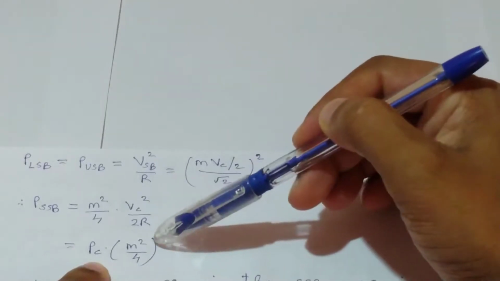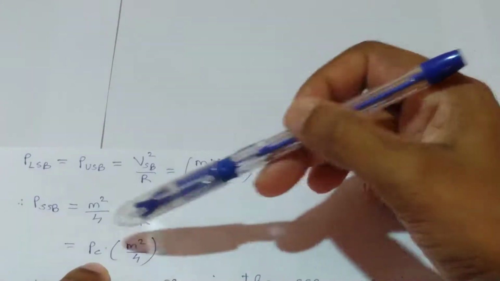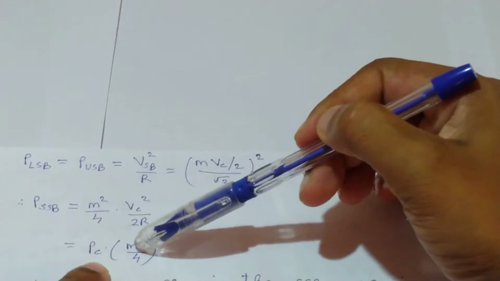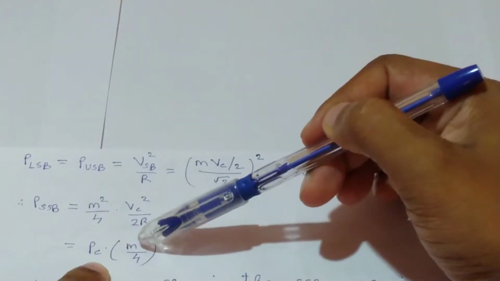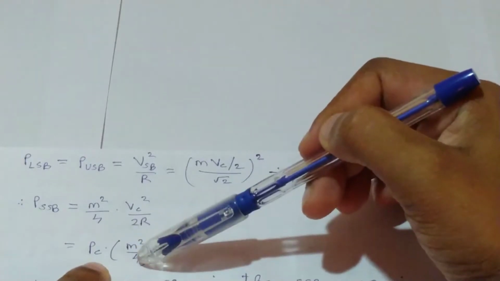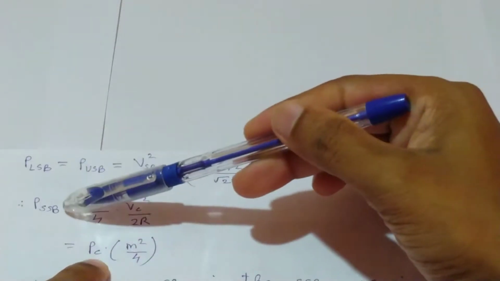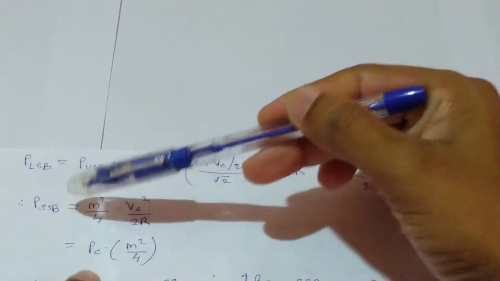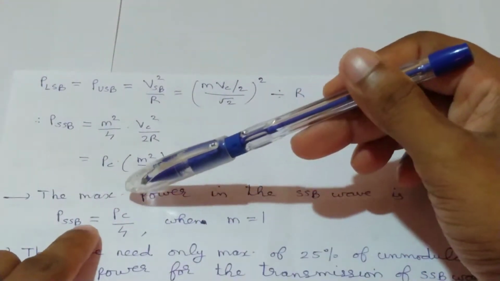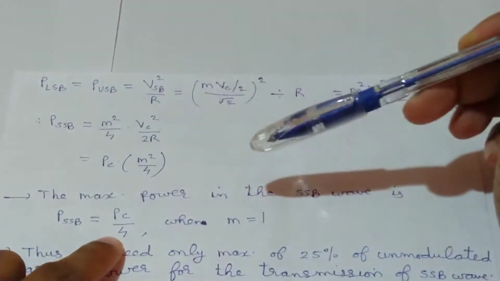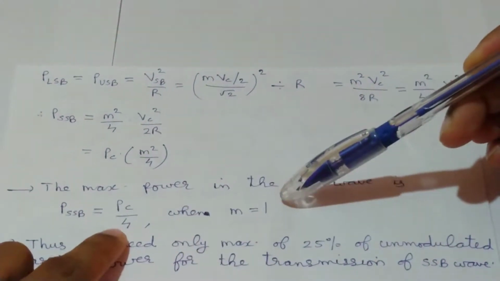To calculate the maximum power in the single sideband wave, we need to substitute M is equal to 1. When M is equal to 1, this term will be 1 by 4. So the maximum power in the single sideband wave is PSSB maximum is equal to PC divided by 4 when M is equal to 1.